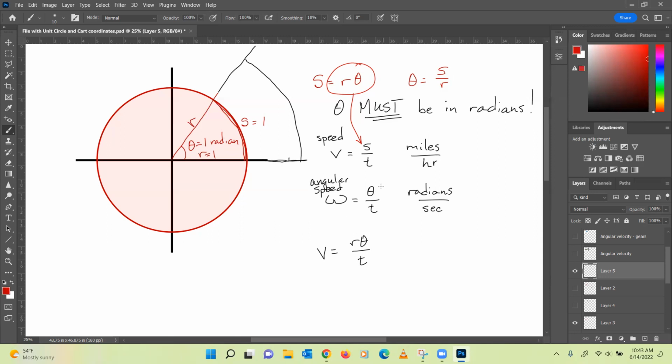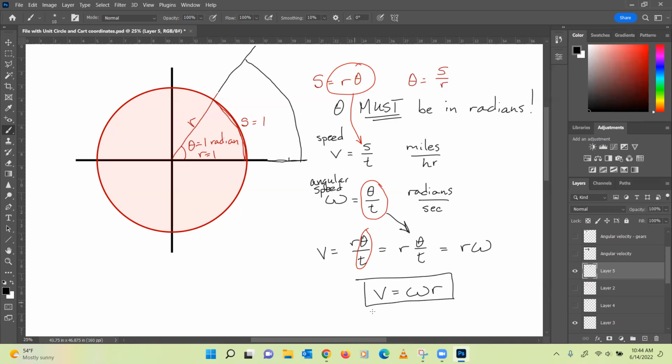Well, it's also true that theta over t is omega. So I could write this as r times theta over t. Those equal the exact same thing. And if theta over t is omega, then v equals, and I always remember it, omega r. r omega works just as well.